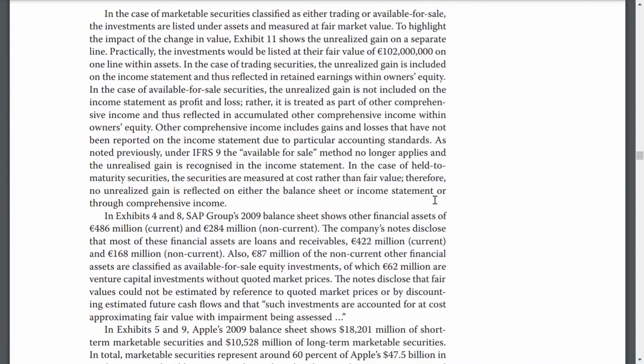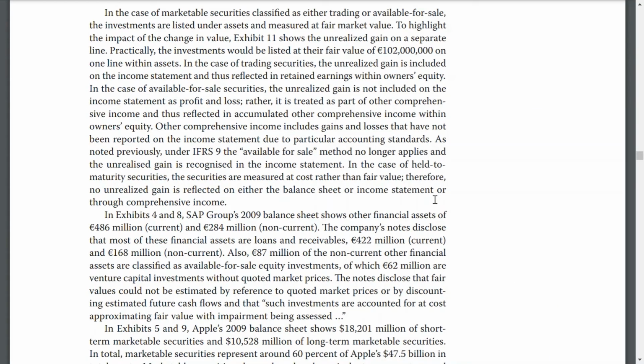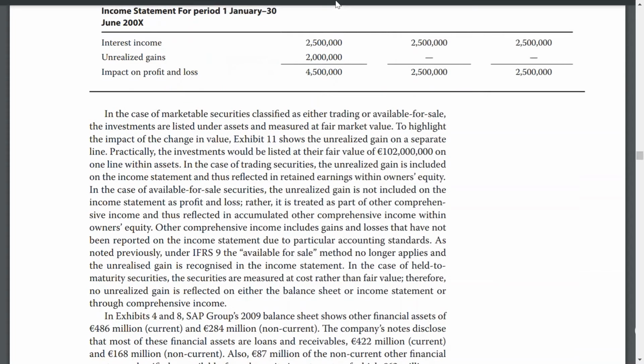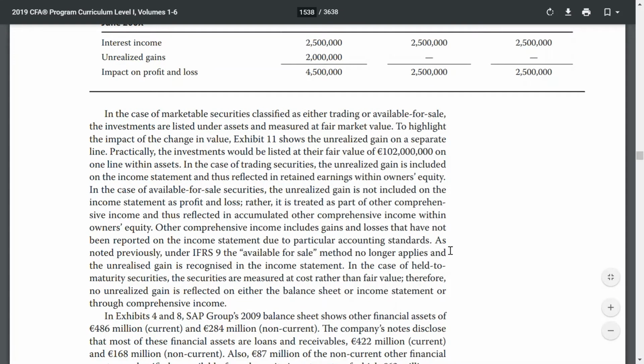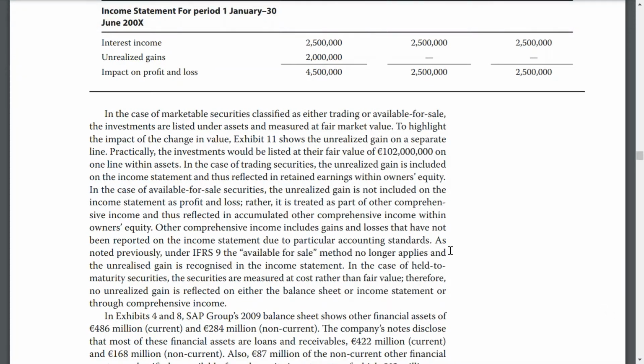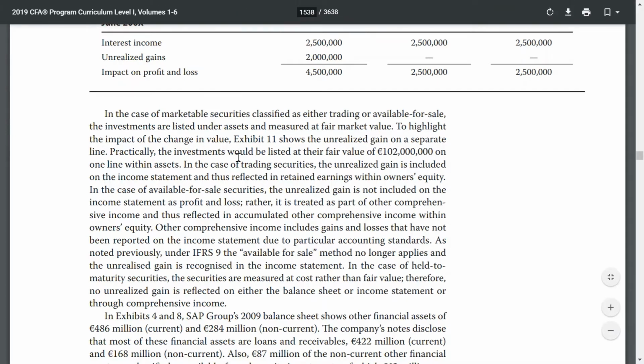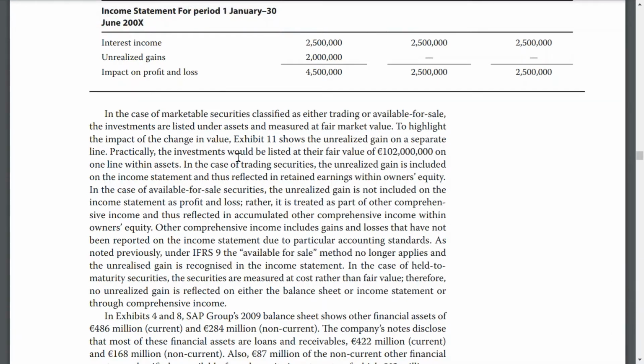In the case of marketable securities classified as either trading or available for sale, the investments are listed at fair value on one line within assets. In the case of trading securities, the unrealized gain is included on the income statement and thus reflected in retained earnings within owner's equity.